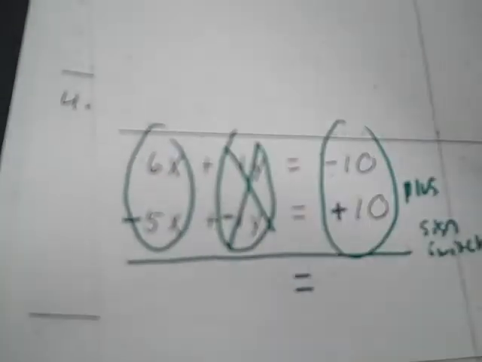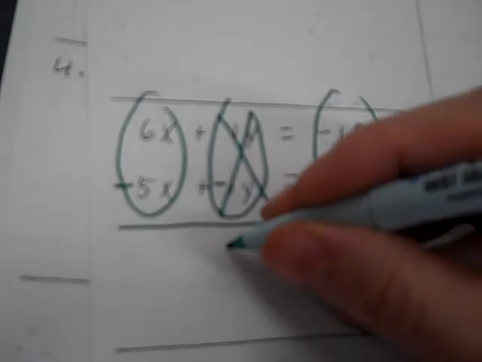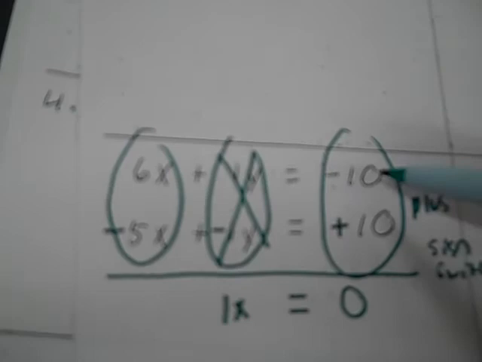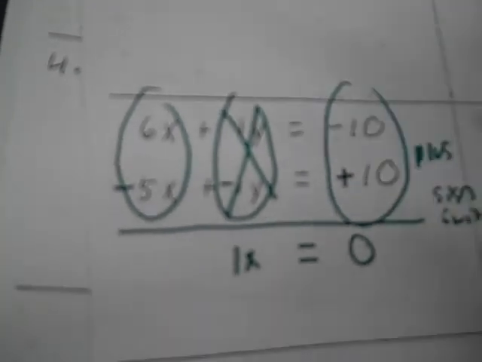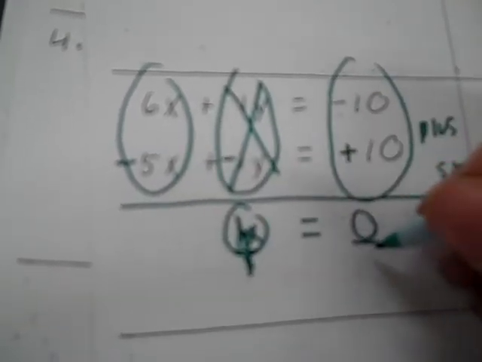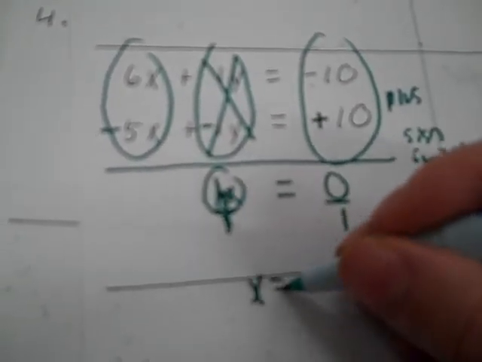Okay, remember 6 plus negative 5 was 1x, and negative 10 plus 10 is 0. You do need to write a 0 down here, okay, because it wasn't with letters. When it's not with letters, we are going to write 0. So dot your letter, divide by 1, and x equals 0.